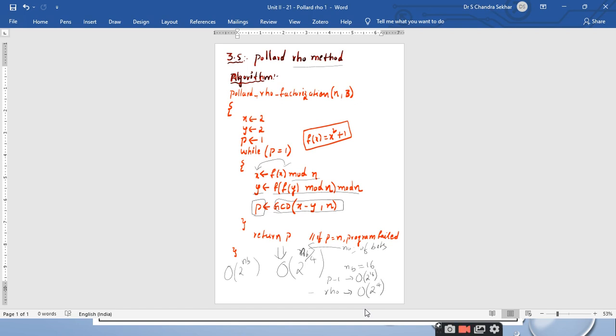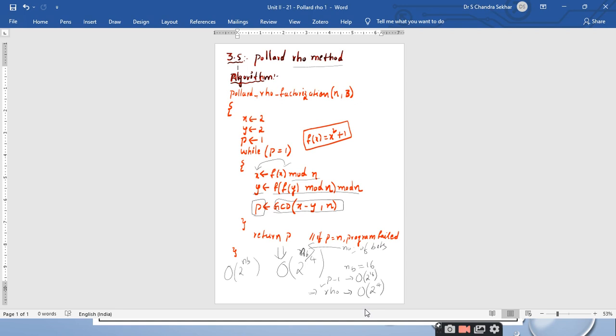So the RHO method completes its task in big O of 2 power 4 time units, and the p minus 1 method completes its task in big O of 2 power 16 time units. So which is efficient? Which is going to complete its task in less time? The RHO method, sir. RHO method, right?